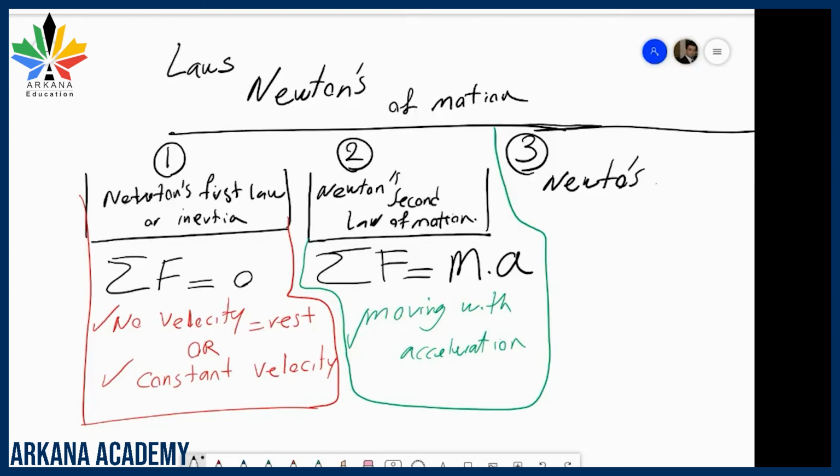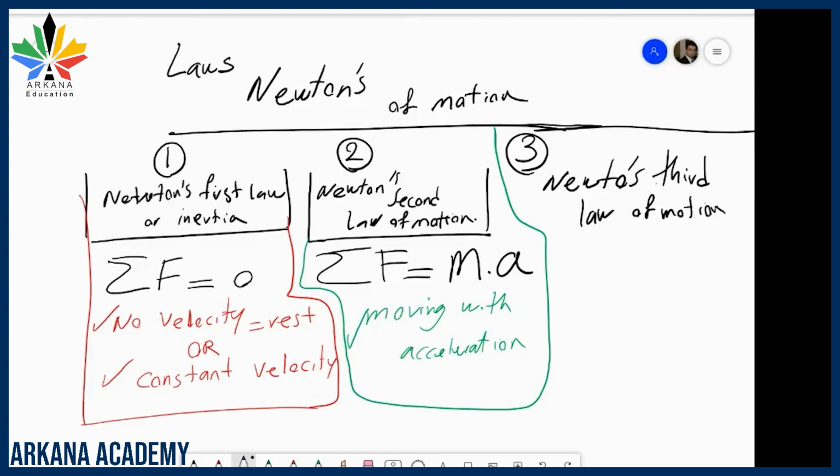So Newton's third law of motion says that for every force, there is an equal magnitude, opposite direction pair of force acting on the object.